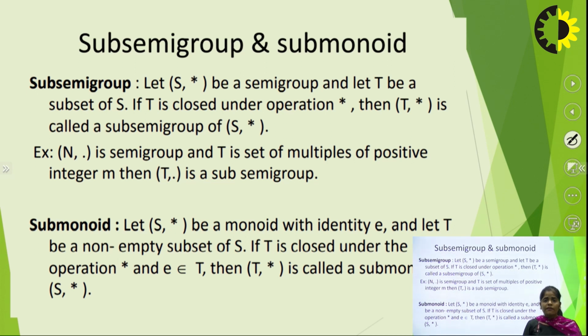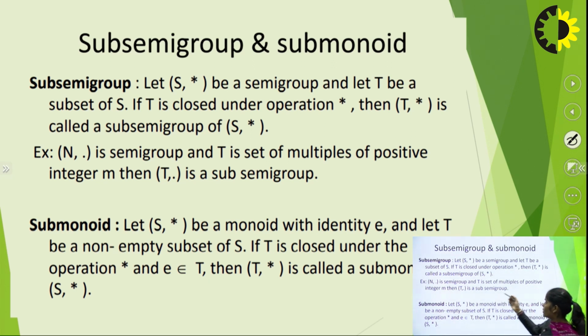This means if any set with a given operator is a subset of another set with the given operator, and they both follow the closure property, then we can say that the subset is a sub-semigroup of that set.